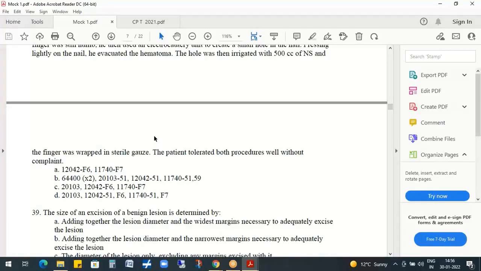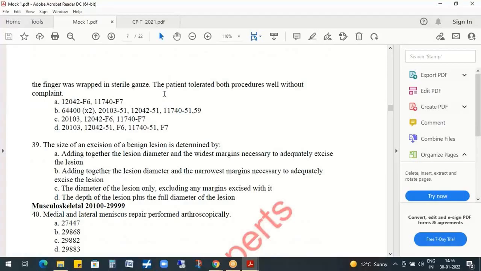Thirty-nine, sir. See, I clearly explained this. What is the question here? The size of an excision of a benign lesion is determined by adding together the lesion diameter and the narrowest margin, the diameter of the lesion only, excluding margin, the depth of the lesion plus the full diameter of the lesion.